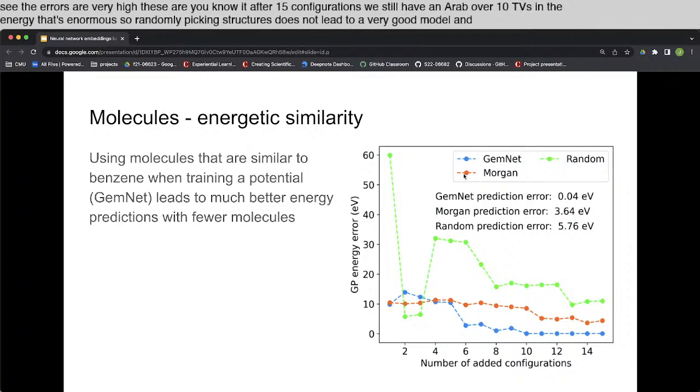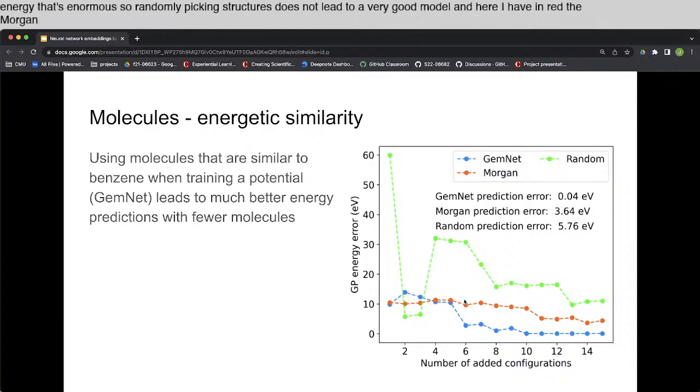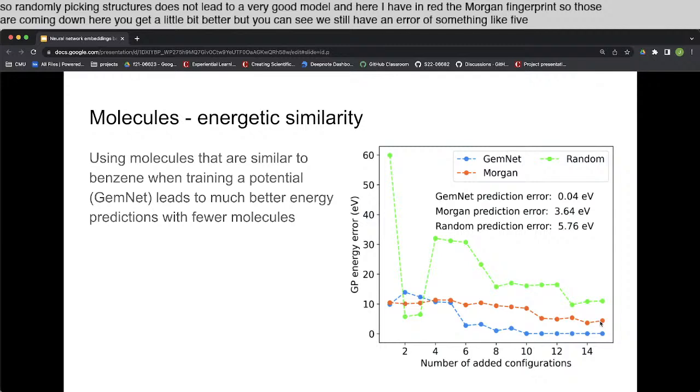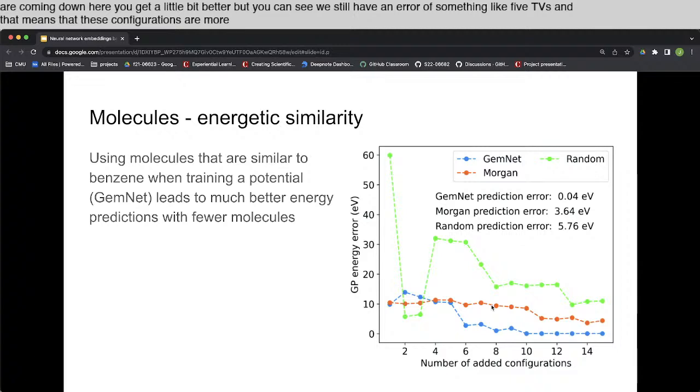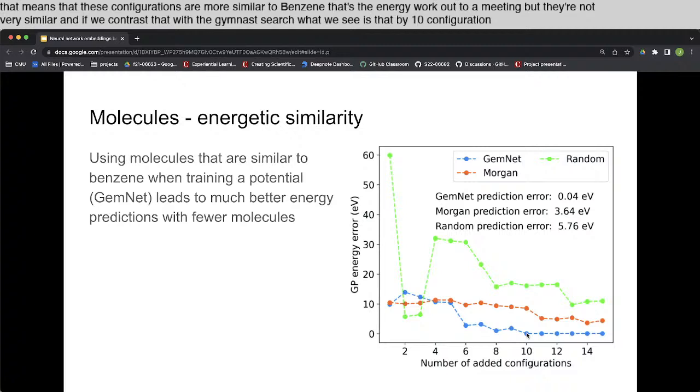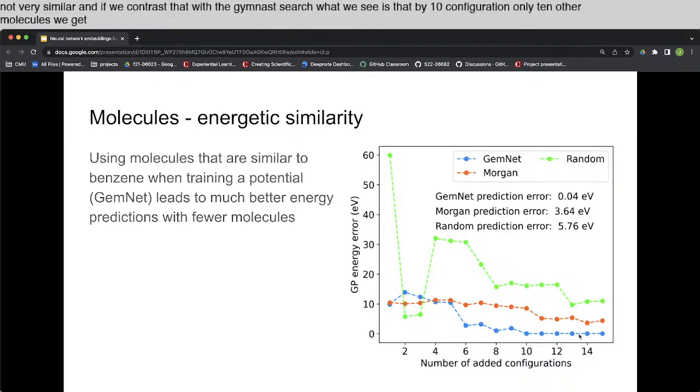And here I have in red the Morgan fingerprint, so those are coming down here. You get a little bit better, but you can see we still have an error of something like 5 eV. That means that these configurations are more similar to benzene, that's the energy we're calculating, but they're not very similar. If we contrast that with the GemNet search, what we see is that by 10 configurations, only 10 other molecules, we get very, very good 40 milli-eV errors in the total energy.